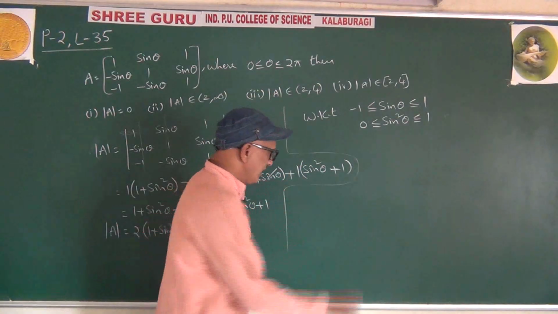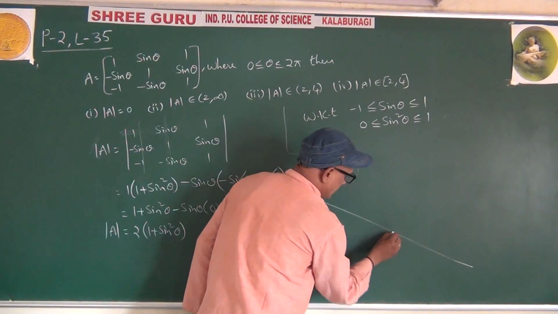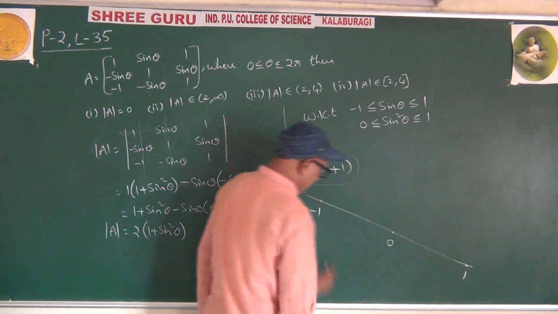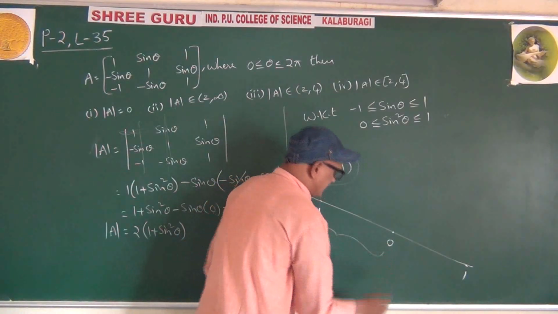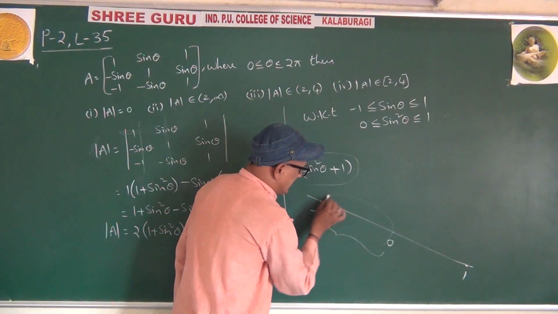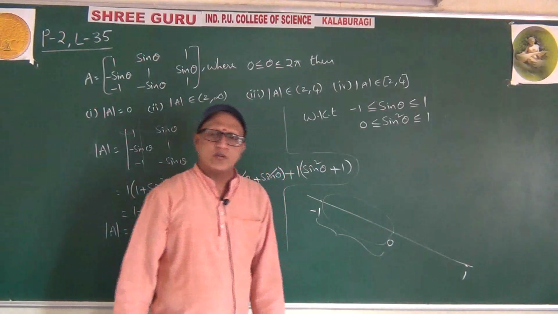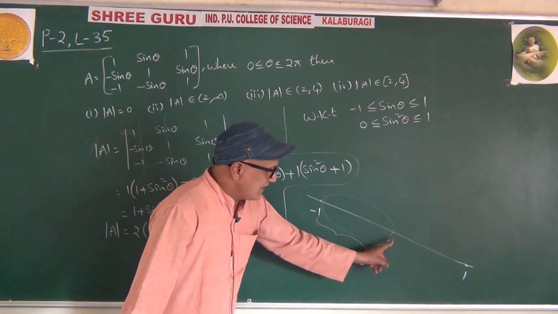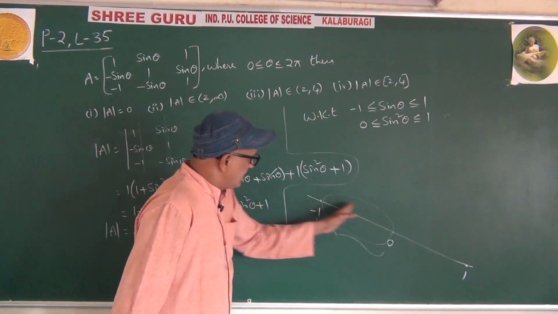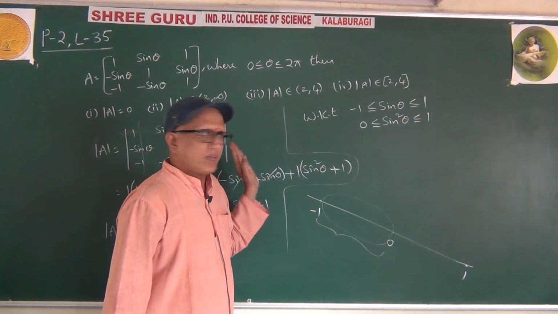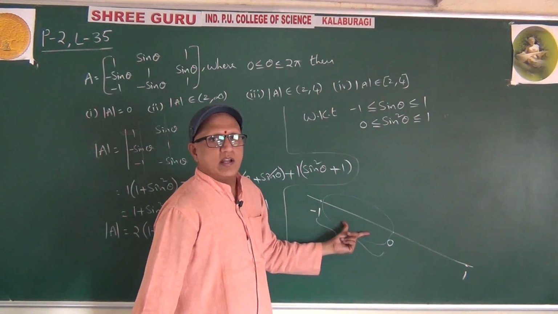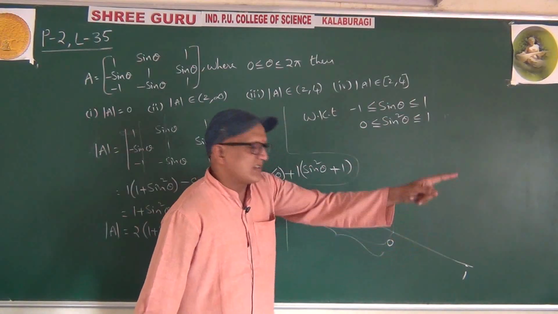Square of any number cannot be negative. Here is 0, here is minus 1, here is 1. In between minus 1 and 0, all these real numbers are negative, left hand side of 0. Square of these, we don't get negative. From here onwards it starts.